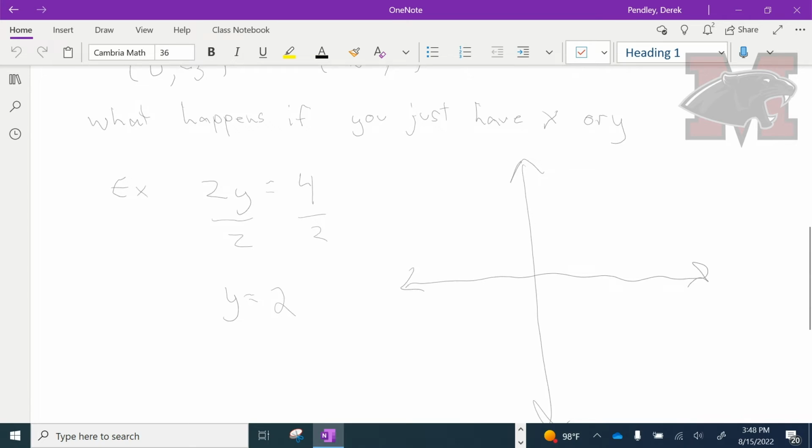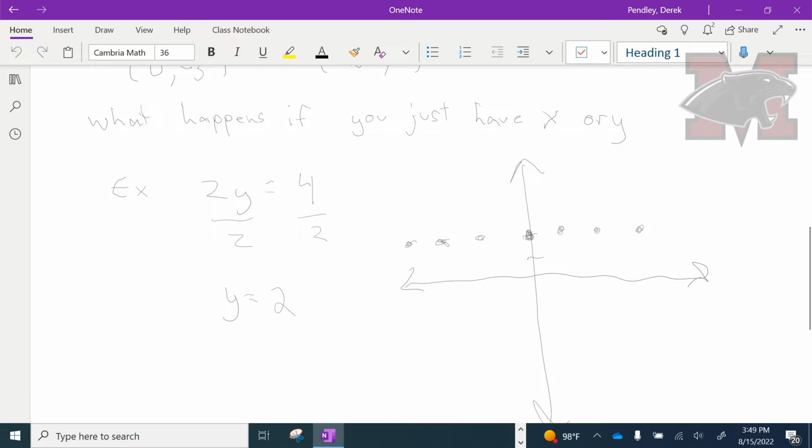Well, I know that if a line crosses the y-axis at +2, that's 1. But where is it where the y value is always +2? So I could think of a lot of points. And I'm starting to get this picture that looks something like a horizontal line.